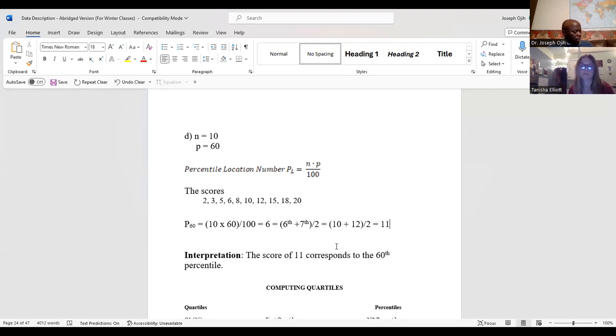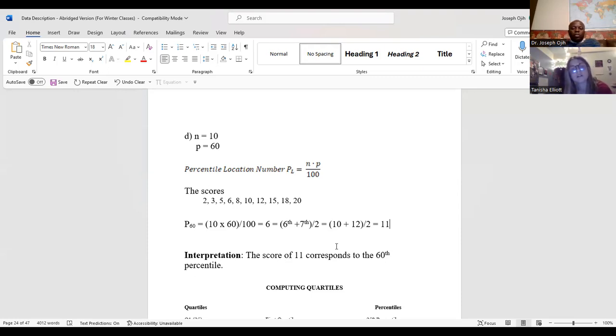Any question? So, Professor, basically, whatever number we come up with from dividing, we go off of that number. Say I come up with 3, I go to the third number, which would be 5, and I add it to the next number, which would be 6.